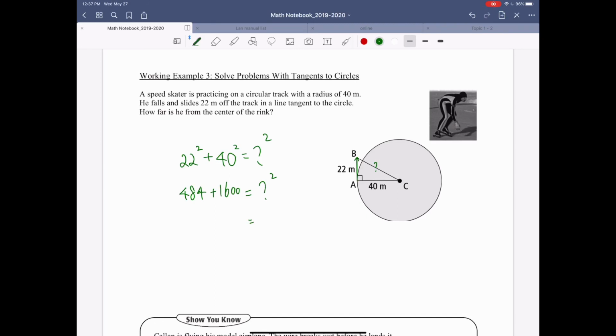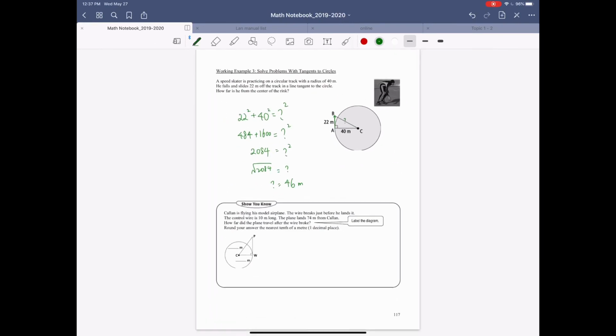So 1600 plus 484 will give you that question mark squared, and square root. Therefore, it will equal, I'm going to round it to the nearest whole number, meters. Okay, it's basically 45.6508 or whatever, and I just rounded to the nearest whole number.